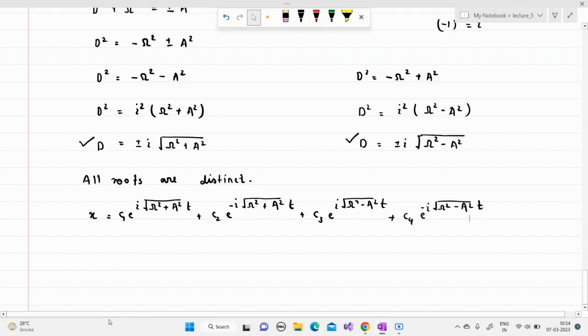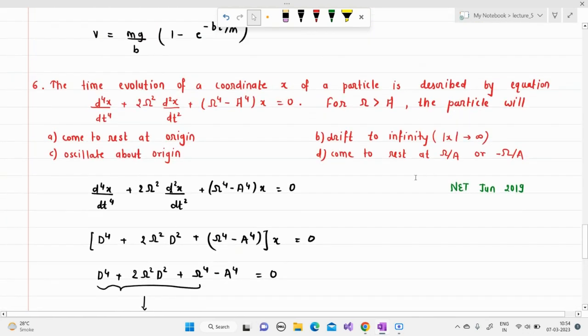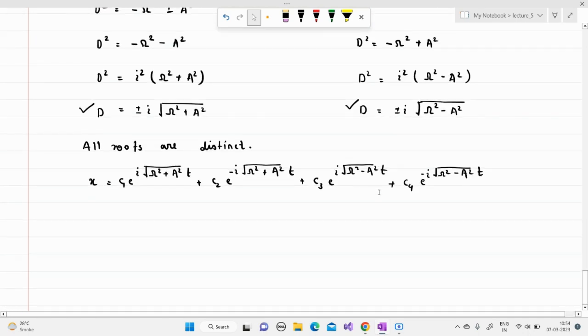Now we got this solution. Okay, but in the options if you see, there is no exponential term, right? We are getting it.